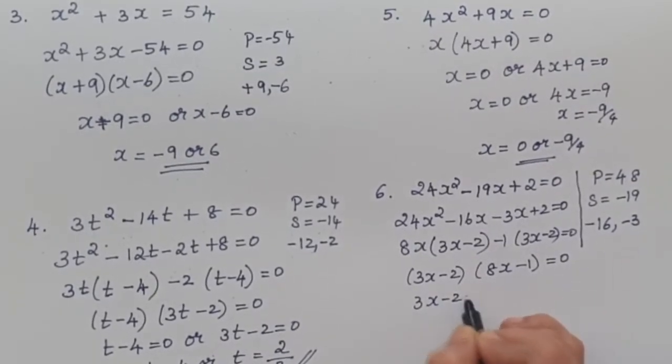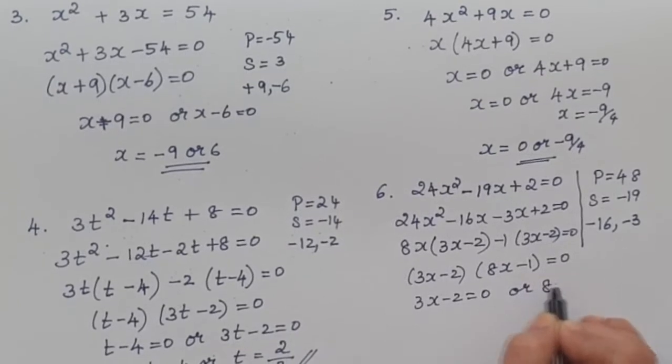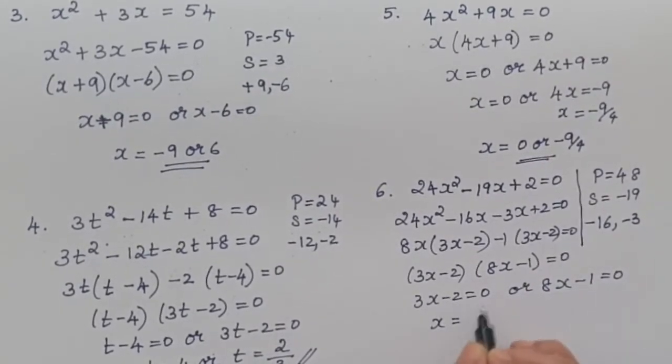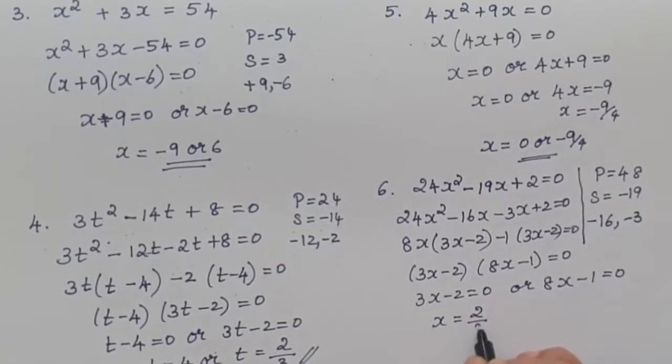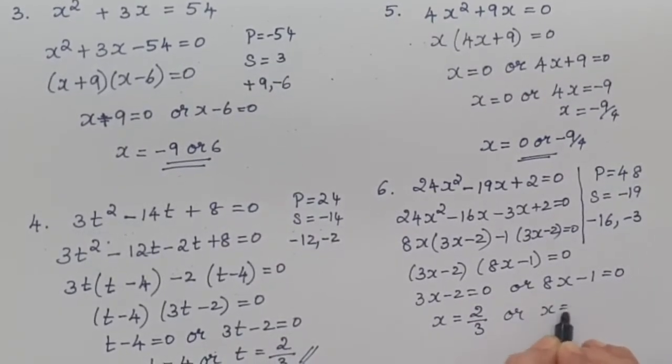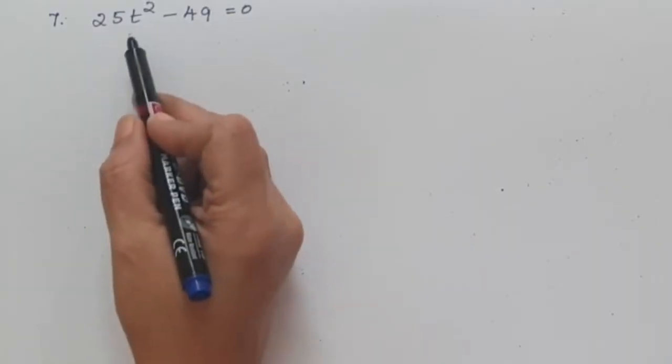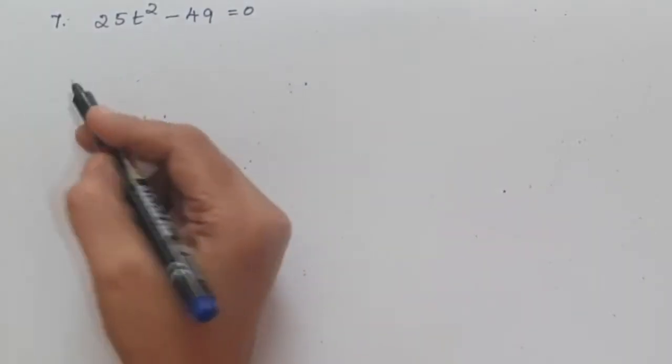So 3x minus 2 equal to 0 or 8x minus 1 equal to 0. In this, x will be equal to 2 divided by 3 or x will be equal to 1 over 8.